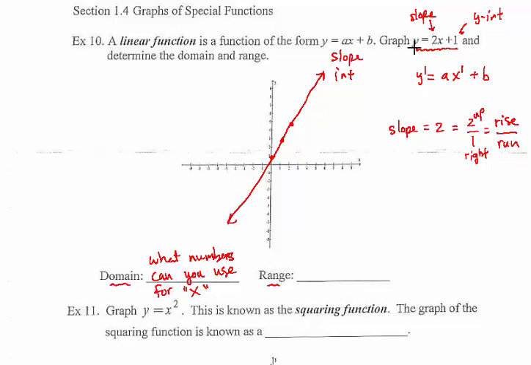Okay, what numbers can I put in here in the place of x and multiply by 2 and add 1 and actually get a real number back? That's sort of what it's asking.